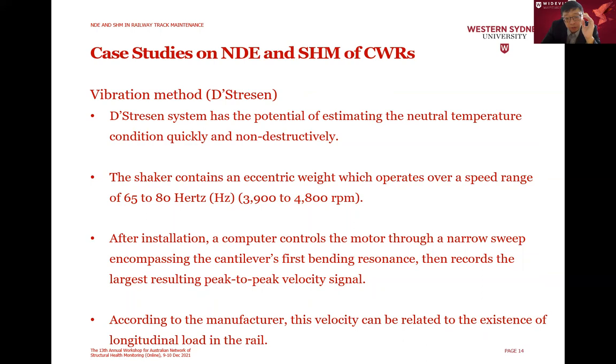After installation, a computer-controlled motor runs through a narrow sweep encompassing the frequency level for the bending resonance and records the largest resulting peak-to-peak velocity signal. According to the manufacturer, this velocity signal can be processed and related to the existing longitudinal load in the rail, and for this, the rail may be under compression or tension. So this is the method.